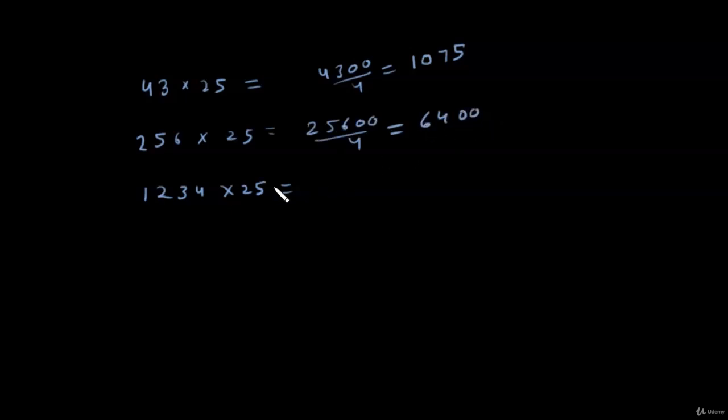So very fast. And again here also this is going to give us 30850. So by this technique, instead of multiplying by 25, we place 2 zeros after the number, then divide mentally by 4. This is going to give us the answer within a few seconds.